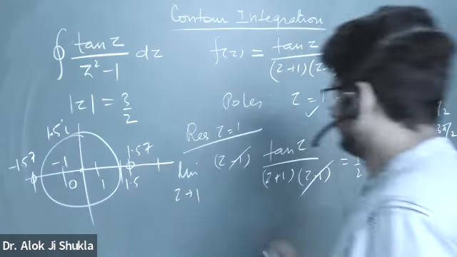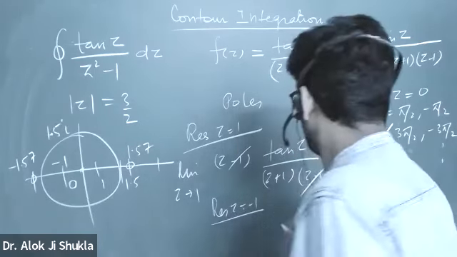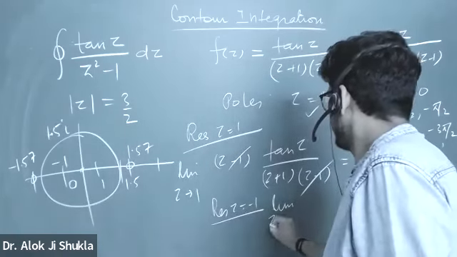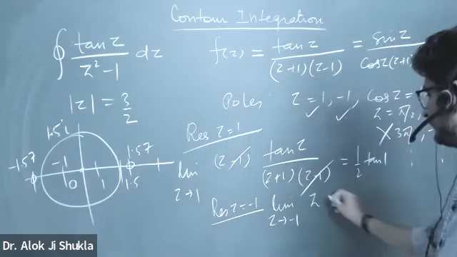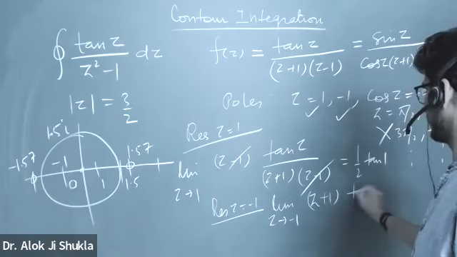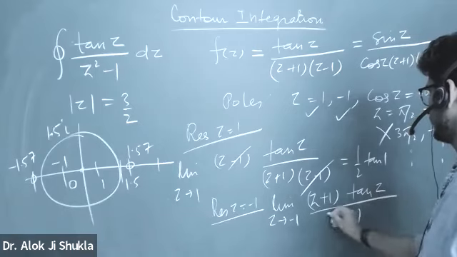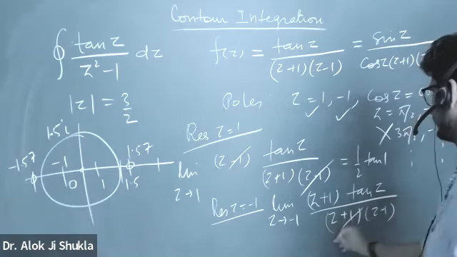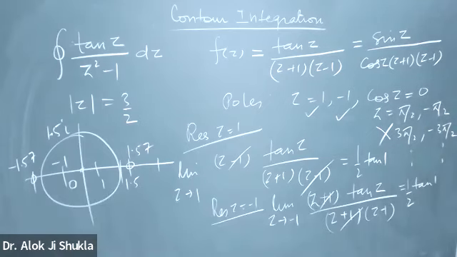And similarly, residue for z is equal to minus 1 will become limit z tending towards minus 1 of z plus 1 times tan z by z plus 1, z minus 1. Z minus 1 will give you again tan 1 by 2, because tan of minus 1 is minus tan 1.